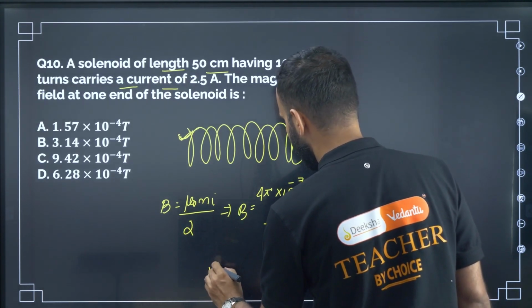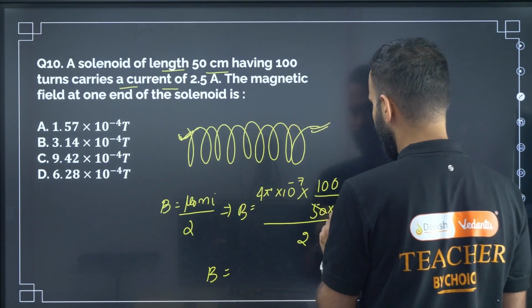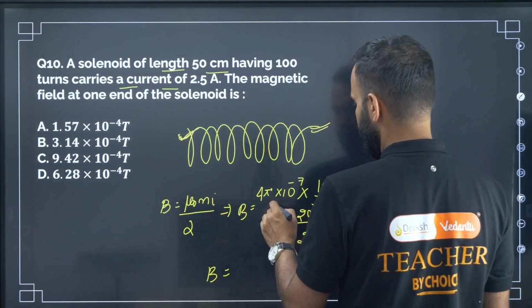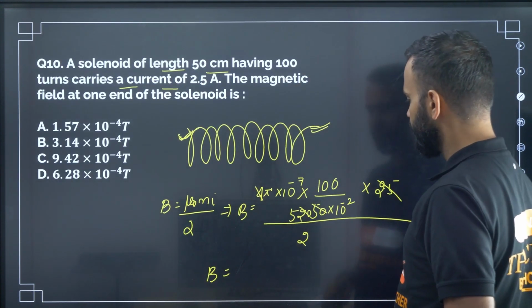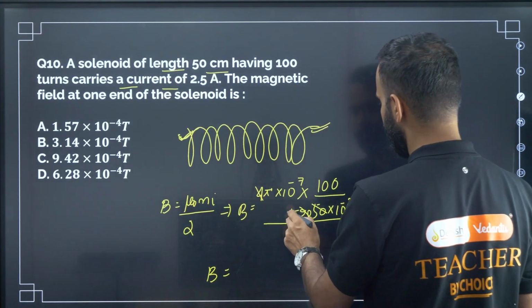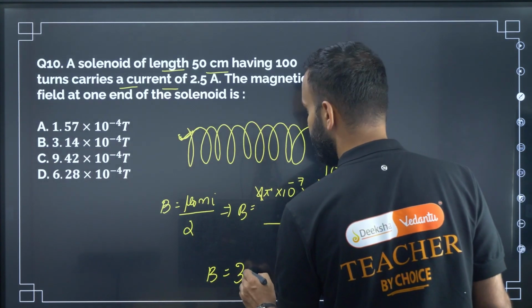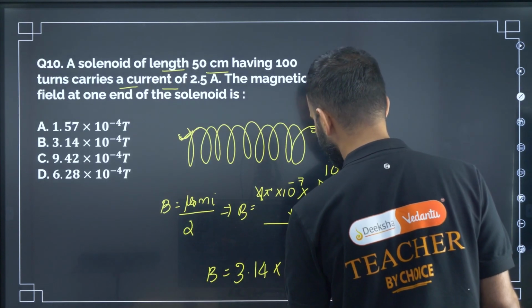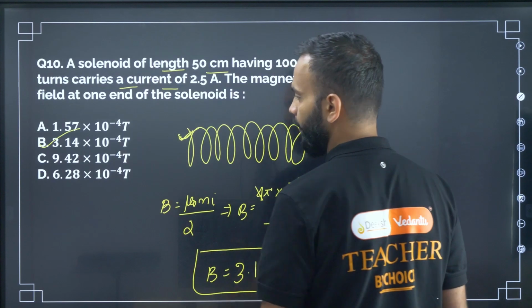Now 2.5 into 20 is 50, right? So 4 5s are 20, 5 into 2 is 10, so this will be 10 only. So the answer is 3.14 into 10 to the power minus 4 Tesla. So the correct option is B.